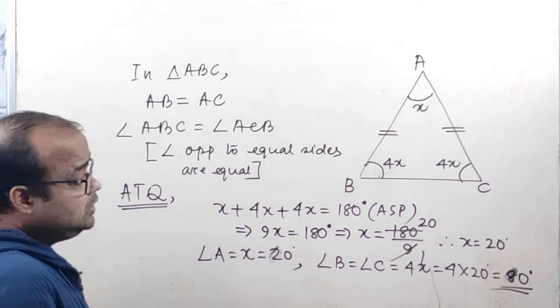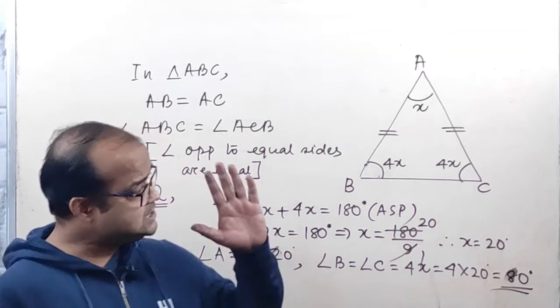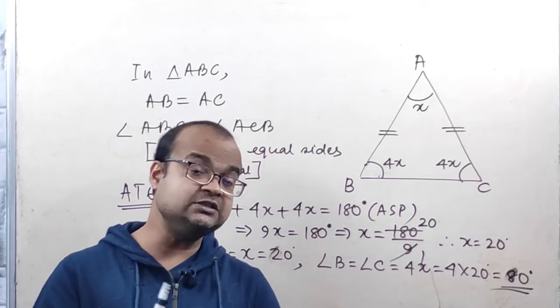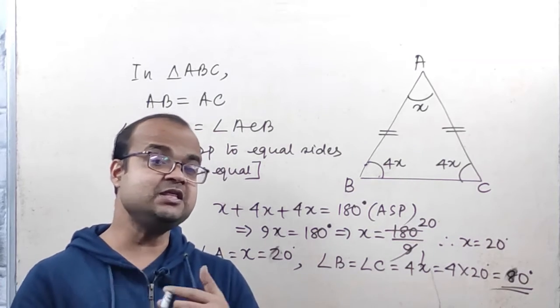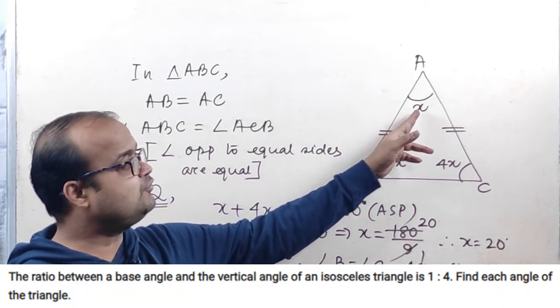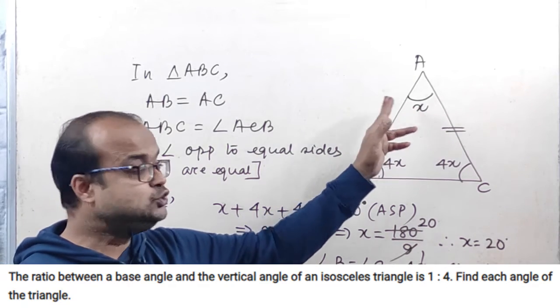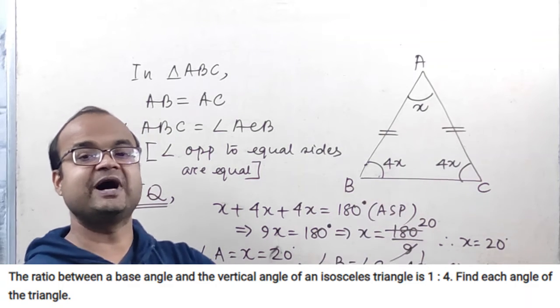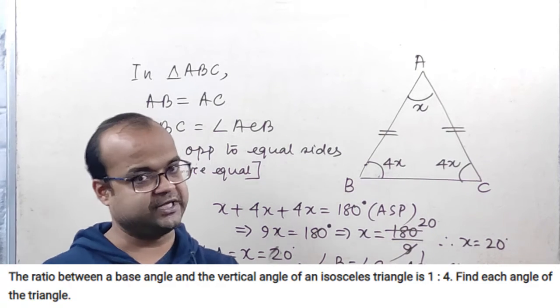Now one important concept, this same problem can be given in another way. The question is twisted as, if the ratio of vertical angle to its base angle is 1:4, find each angle of a triangle.